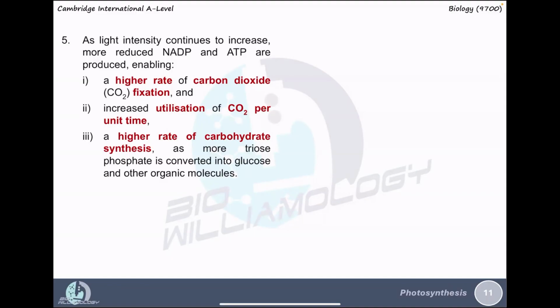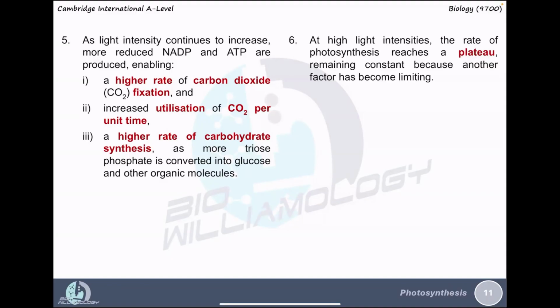So when we observe the graph, the y-axis particularly, we can label it as how fast CO2 is used, or how fast the carbohydrates or photosynthetic products can be formed.